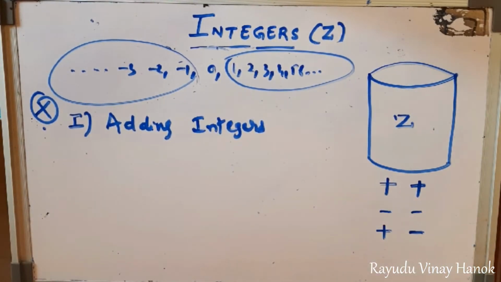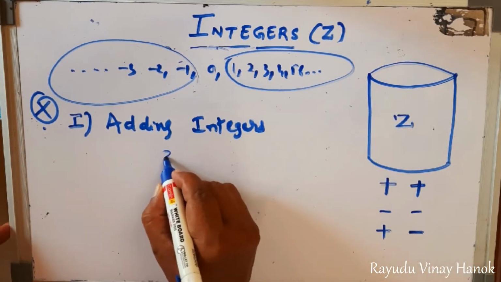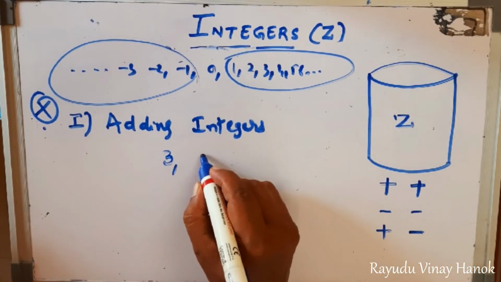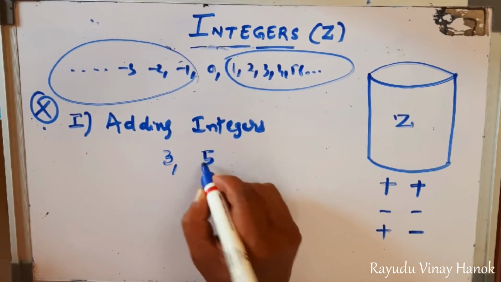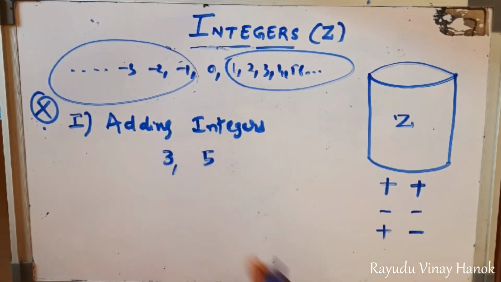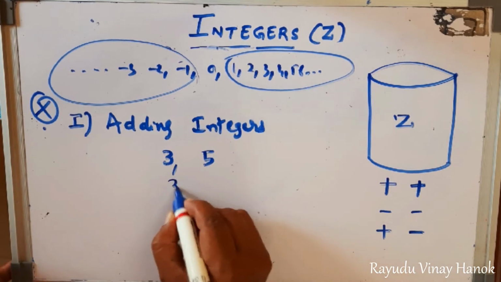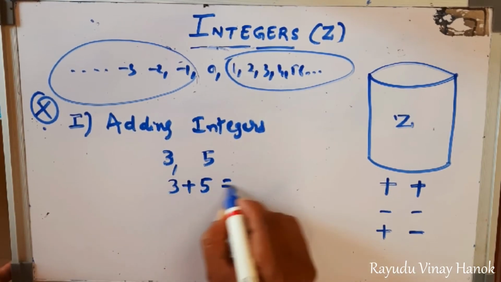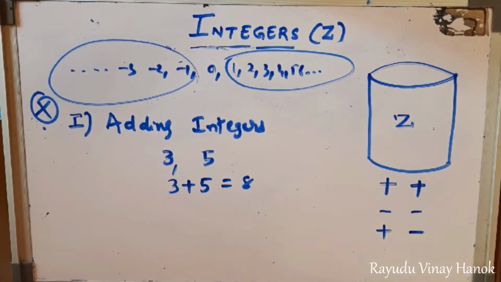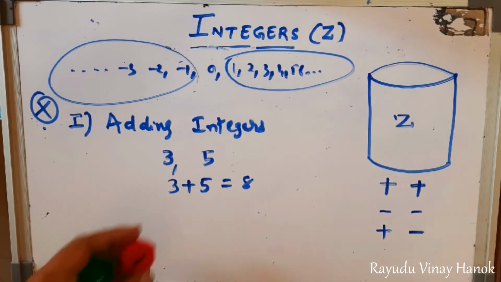You took 2 numbers out of it. Suppose you get 3 and 5 on your slips. I am using only small numbers to make the demonstration comfortable. How to add them? 3 plus 5. Oh, it's easy, we know, sir, 3 plus 5 is 8.